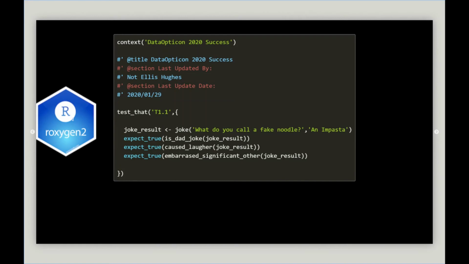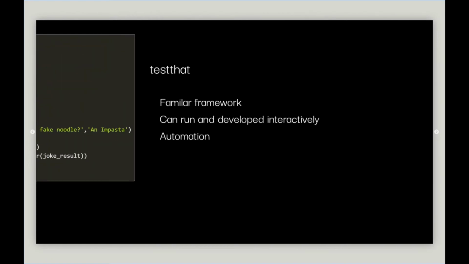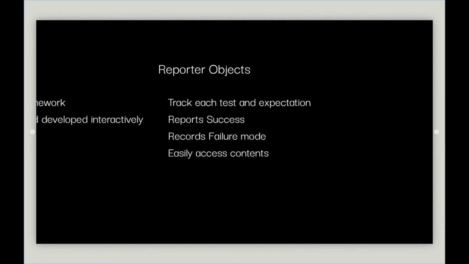And so this lives in testthat, a familiar framework to a lot of R programmers. It's used in thousands of packages that are on CRAN. The nice thing about it is it can be run and developed interactively, so they don't need to compile it separately and then have it run. And it also allows for automation because we're able to extract everything as well, because they generate these reporter objects.